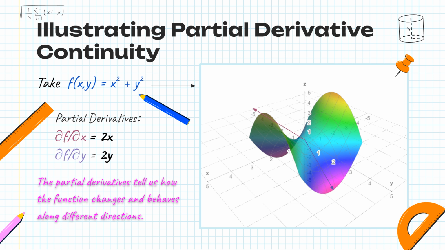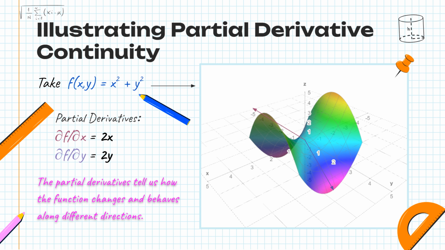The partial derivative of f with respect to x, the partial of f over the partial of x, is equal to 2x. This means that the rate of change of f with respect to x depends only on the value of x, and it's equal to twice the value of x.